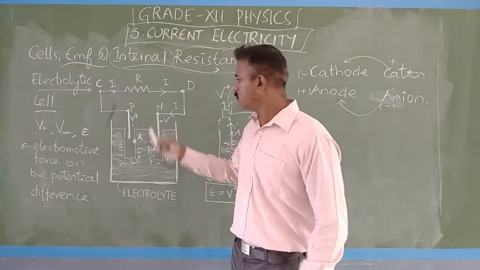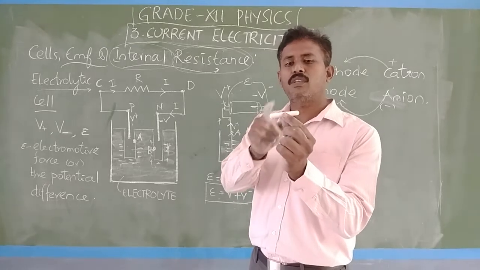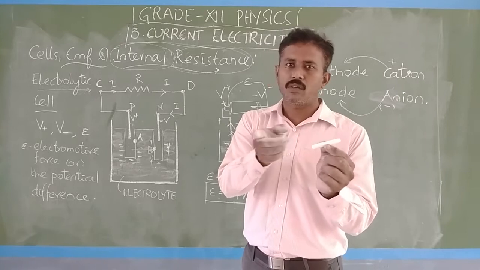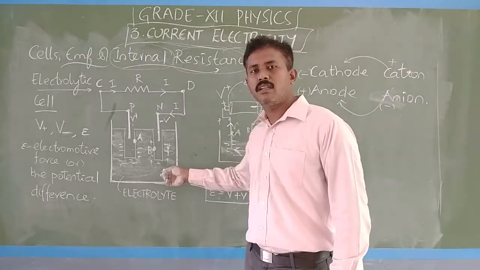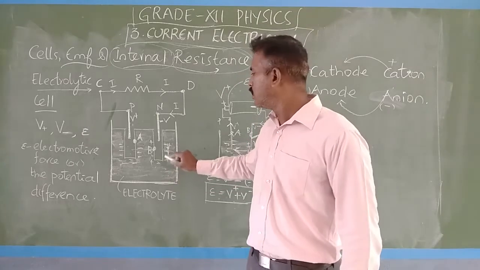நீங்க எப்படி ஒரு சாக் பீஸ் எடுத்து, இது ஒரு மெட்டீரியல்னா, the electron flowing from this point to this point has to travel all the atoms and molecules inside this material. Similarly, you consider this as a solution.